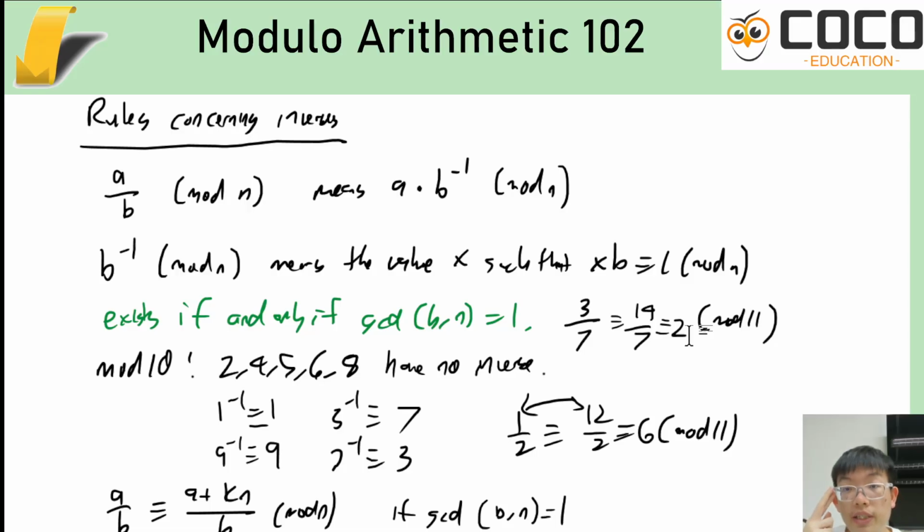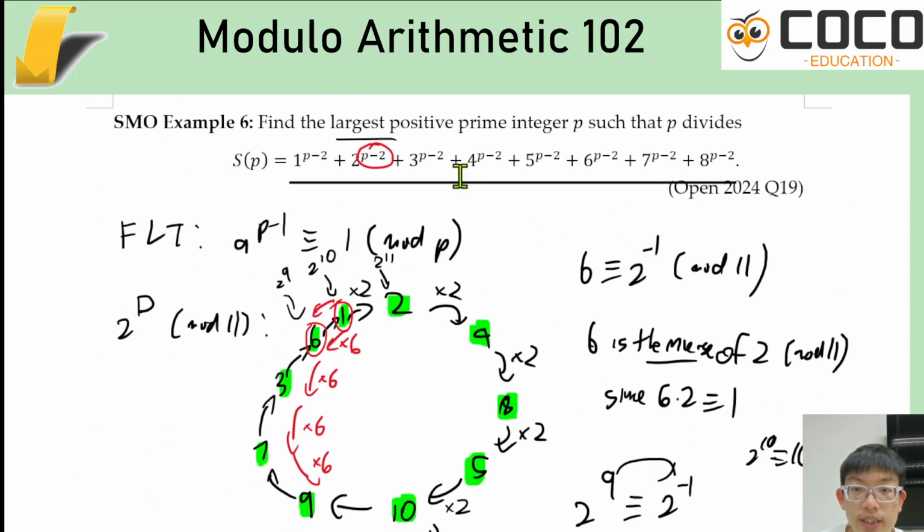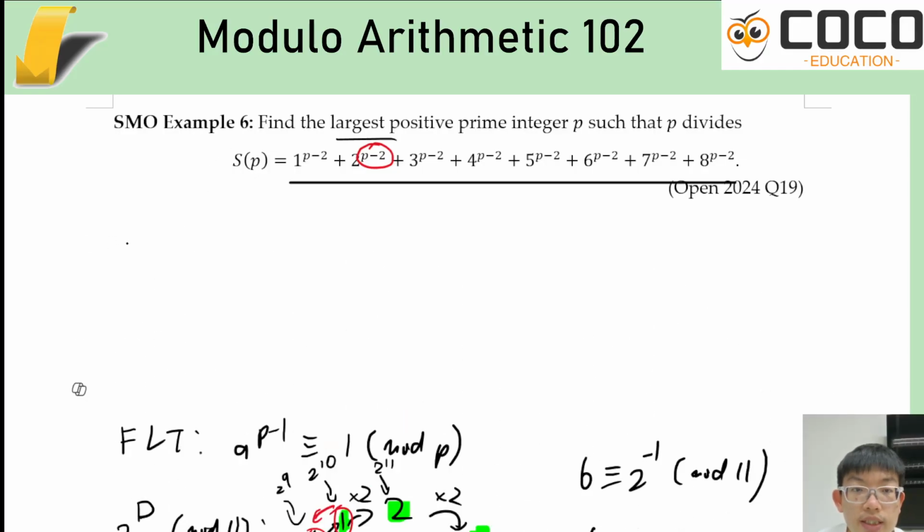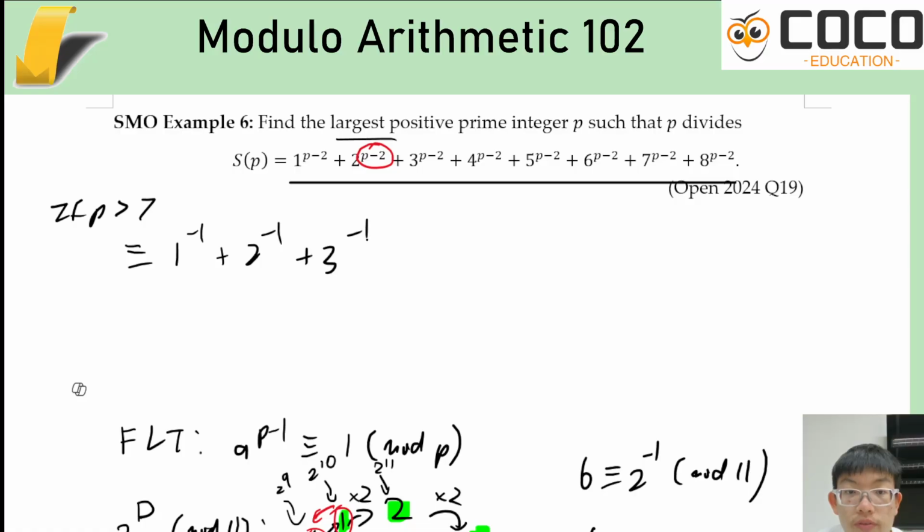Now, the good news about this is that because I now have access to fractions, I can go backwards. So for this question, after all that's been said, I am claiming that this mod p, assuming that my p is bigger than 7 so that they're all co-prime, I can push them all into the world of inverses.